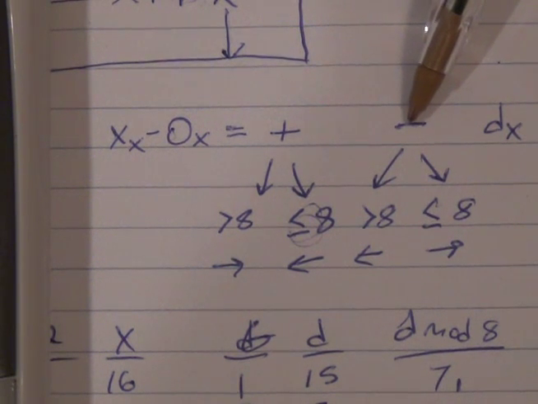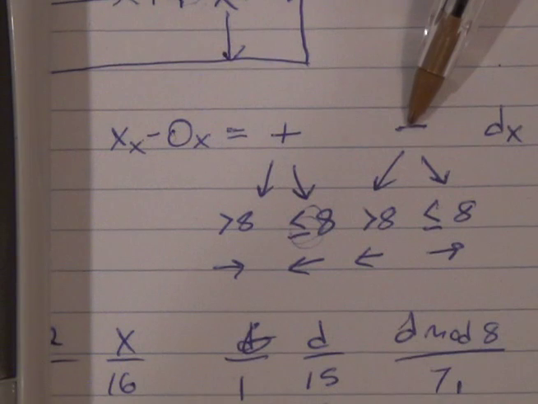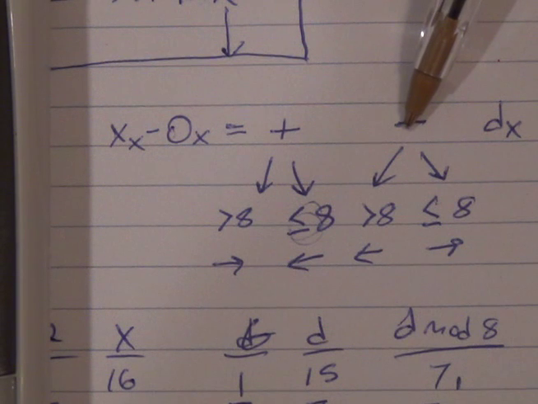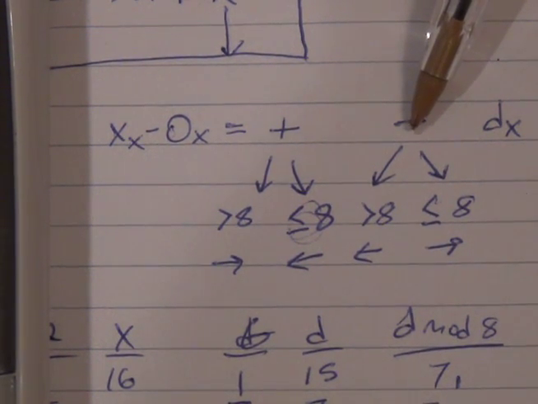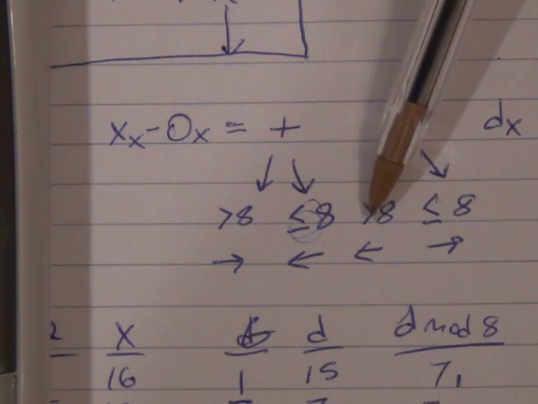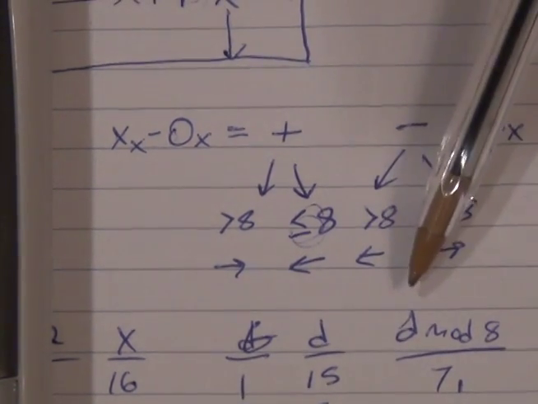So he knows that he's on our left. And since the distance is greater than 8, he should move left.